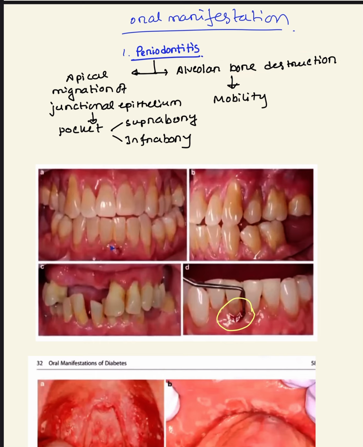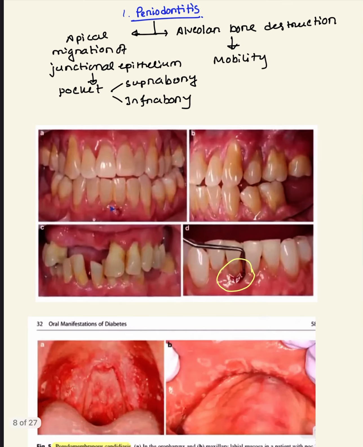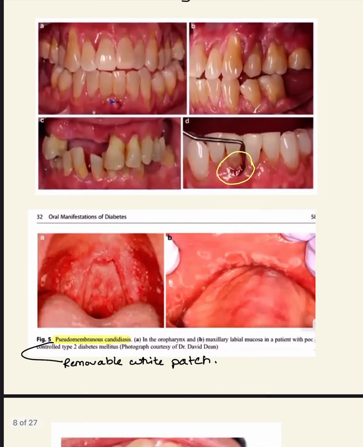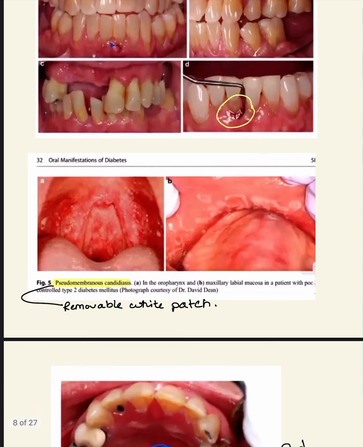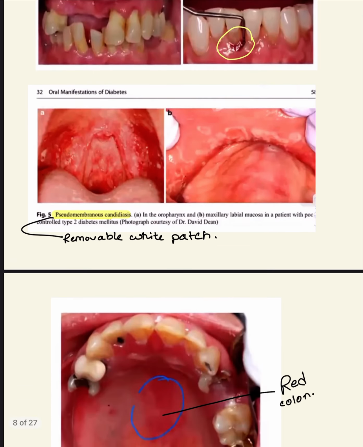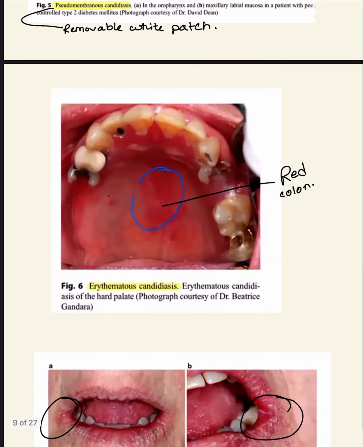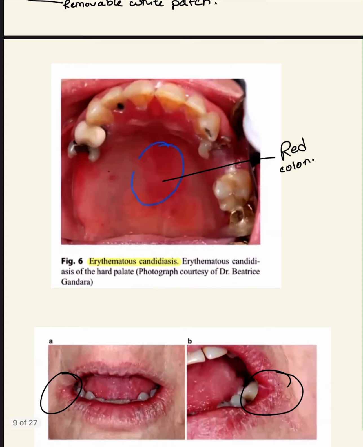So there will be mobility. Mobility and periodontal pocket are found in periodontitis, and it is a very common complication associated with diabetes mellitus. And in diabetic patients, various types of fungal infection are also seen, like pseudomembranous candidosis, the white patches, or there can be erythematous candidosis.